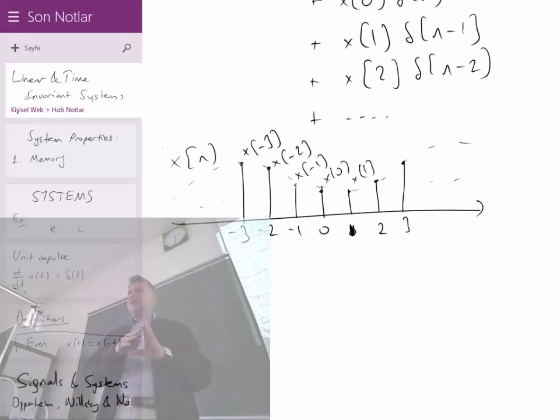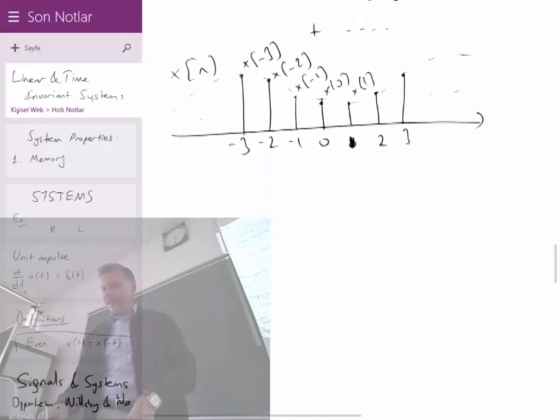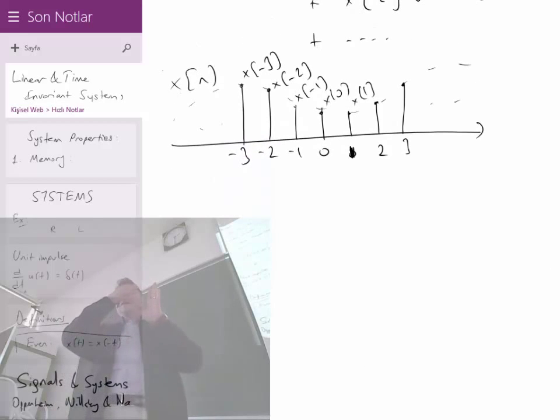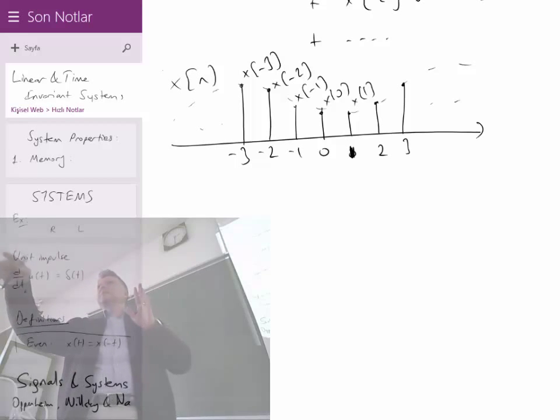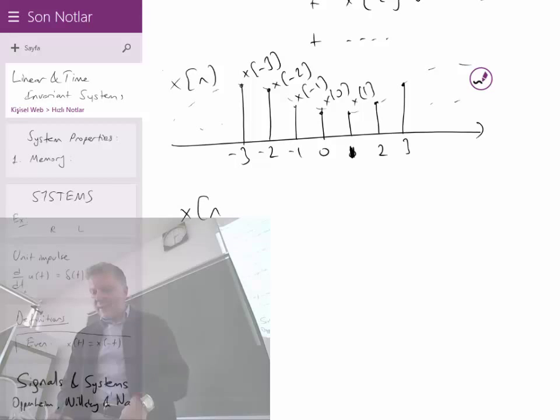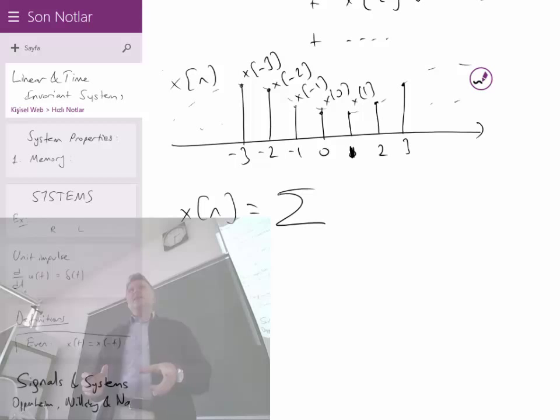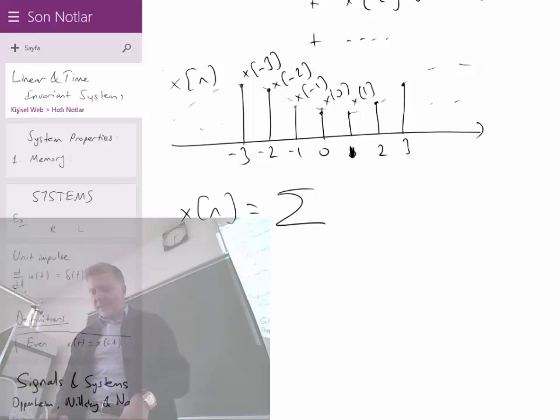But for the time being, I didn't write the compact form. Let me write the compact form. I just said dot dot dot plus something and then plus dot dot dot. But that has a formula, in fact, a very compact one. It's an infinite summation, but in that infinite summation, some of the scales may be zeros. So this is the most general form of putting things.